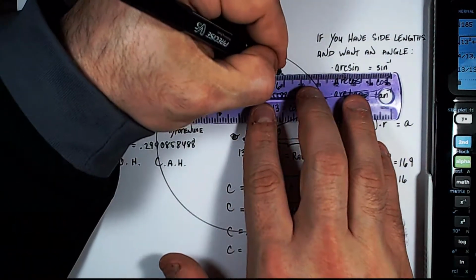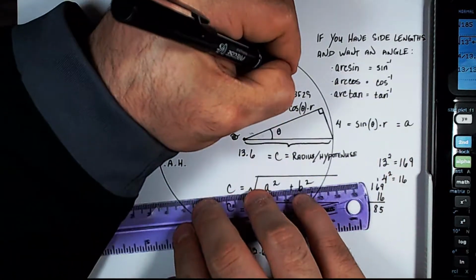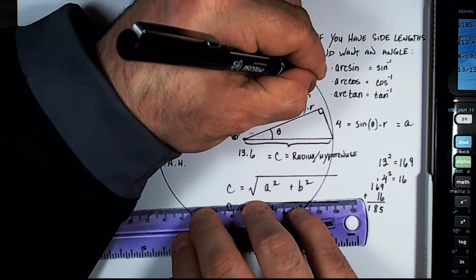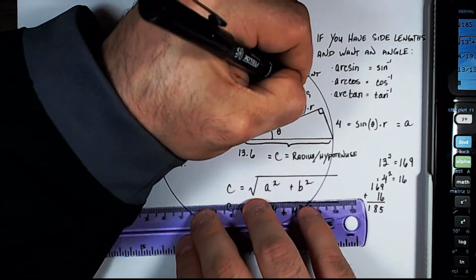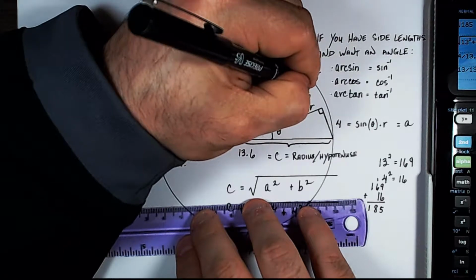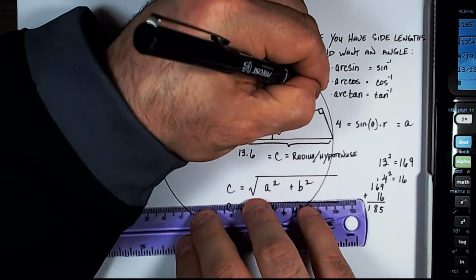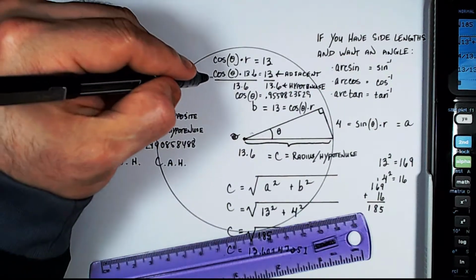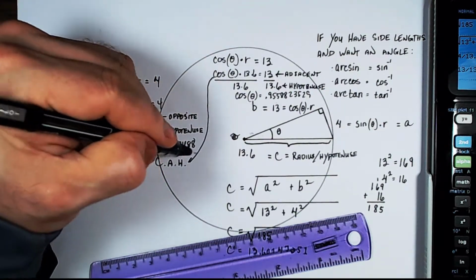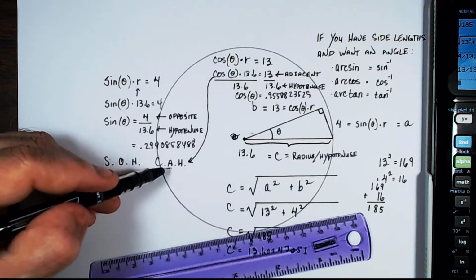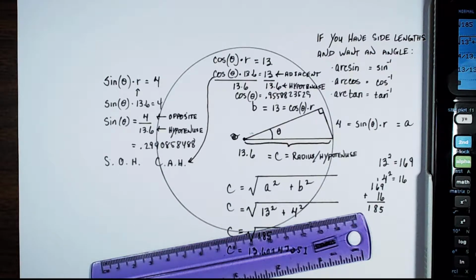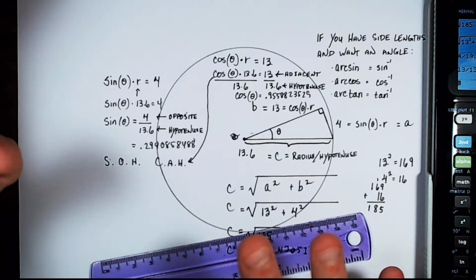There again, this side length right here is the adjacent side length, adjacent to the reference angle, and this is the hypotenuse, which we know is the radius. And that's where we get the CA part. So cosine is adjacent over hypotenuse. It's just not always presented clearly.